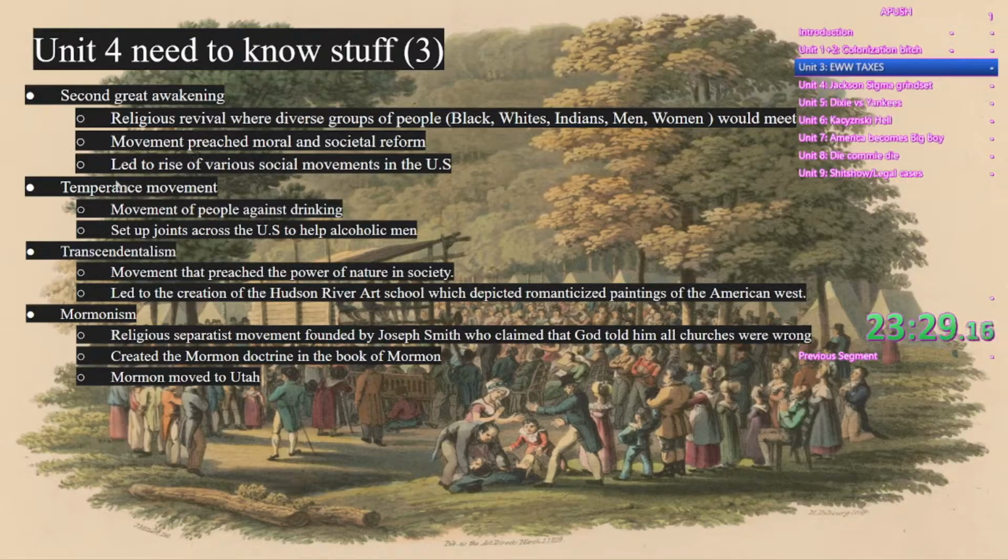The Second Great Awakening in general preached moral and societal reform, and also influenced the rise of various social movements in the U.S., such as the temperance movement, which was a movement of people against the drinking of alcohol.